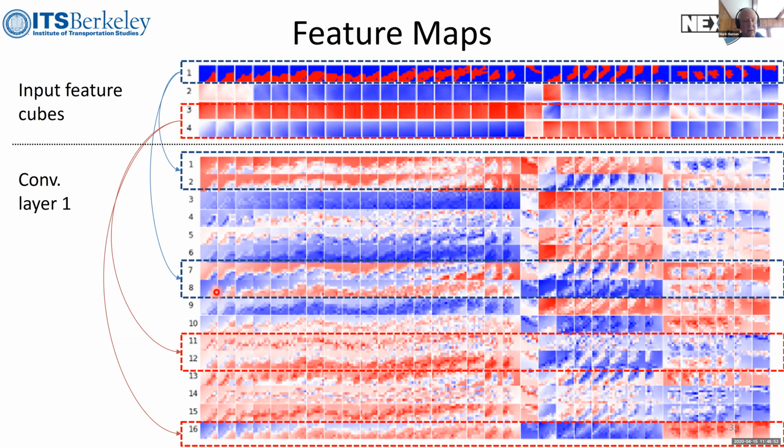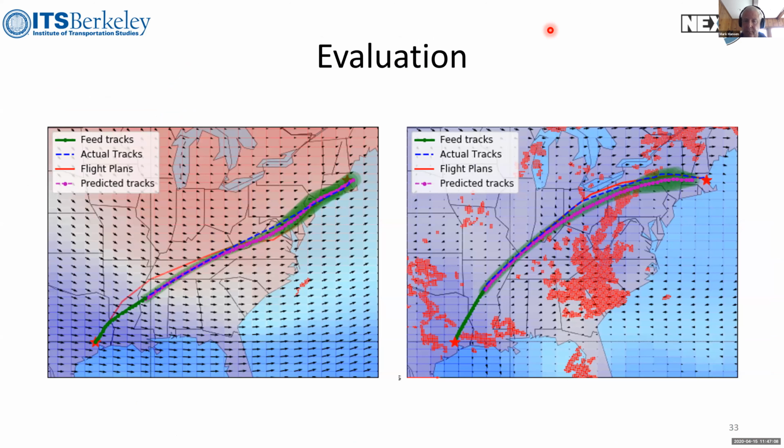Likewise for 7 and 8, and we see similar things here and here for the wind features. So this is just an indication that the model is picking up features that actually are important in affecting the trajectory.